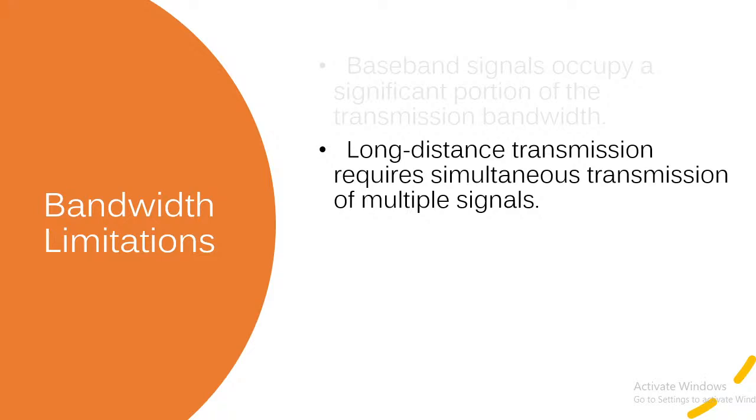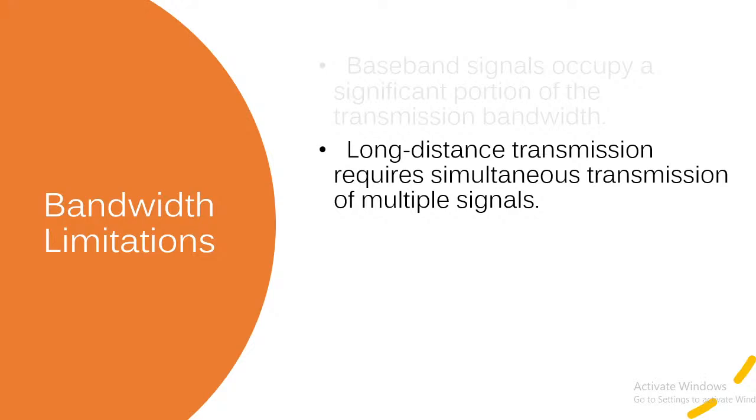Sorry, you are occupying 10 kilohertz of bandwidth out of 20 kilohertz. Audio is 20 kilohertz, so out of 20 kilohertz, you have occupied 50% of the bandwidth. So it occupies a significant portion of the bandwidth.